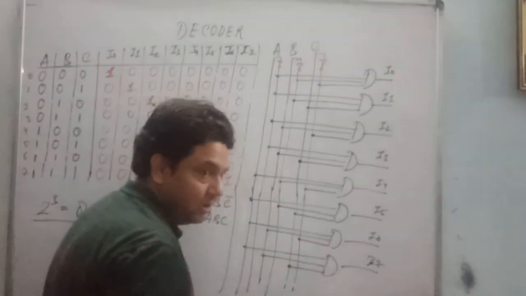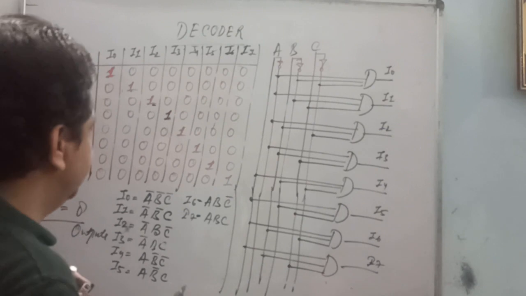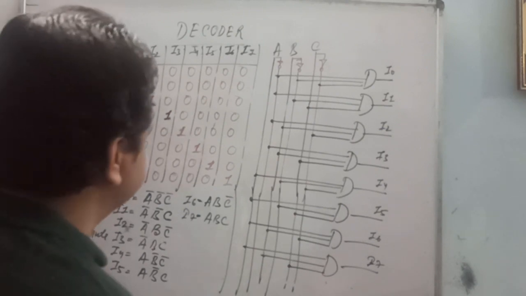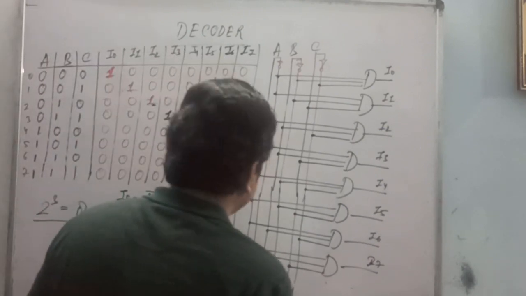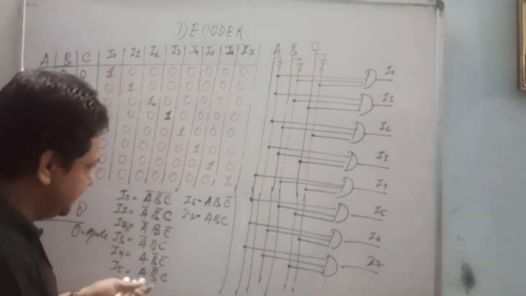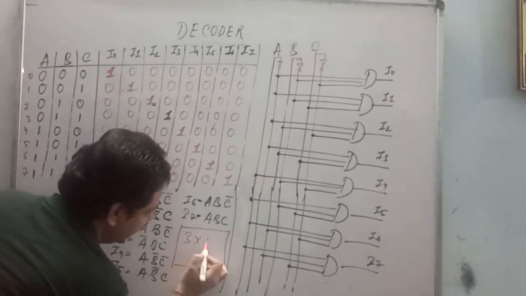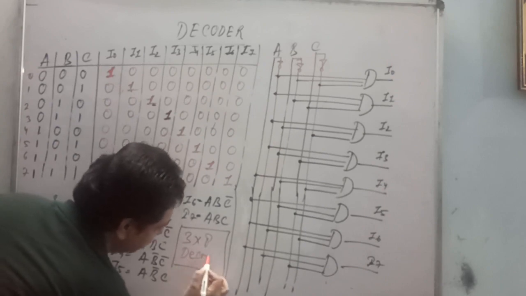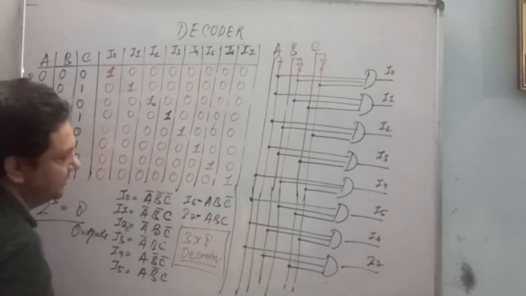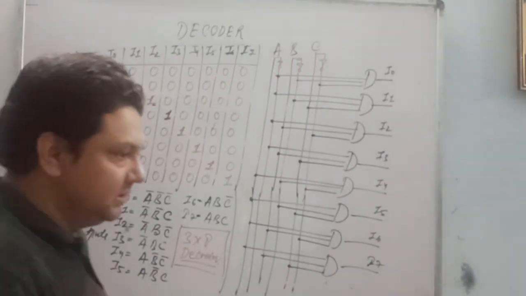Okay. Now this is a complete circuit of 3 into 8 decoder.